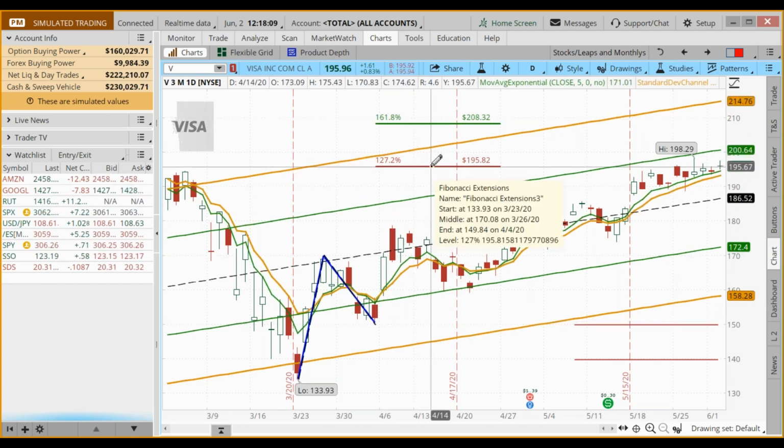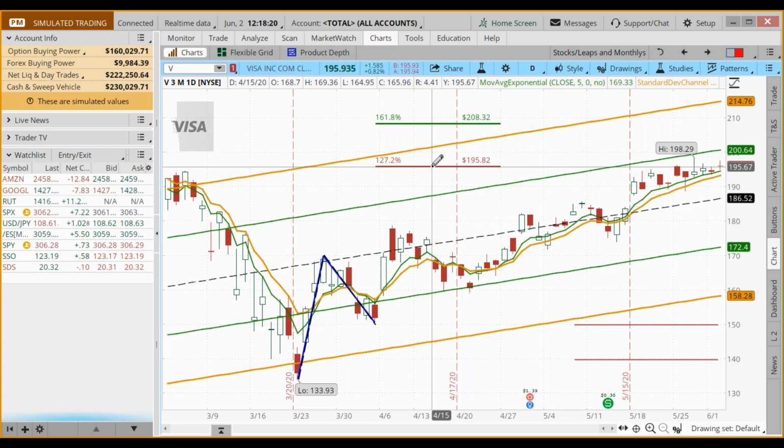Now the 127, I love the 127 because it hits that more often than anything else. I know that at the 127, it's either going to consolidate, pull back, or blow right through. Well, what's Visa doing right now, and what has it done for a while? It's come up to the 127 and it's just kind of sitting there going sideways. And that's off of this first measured move.